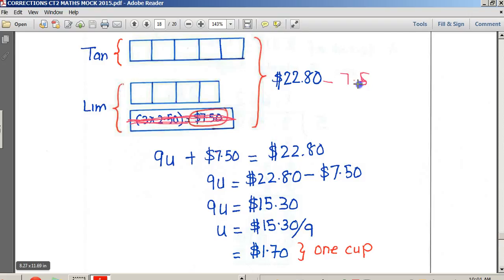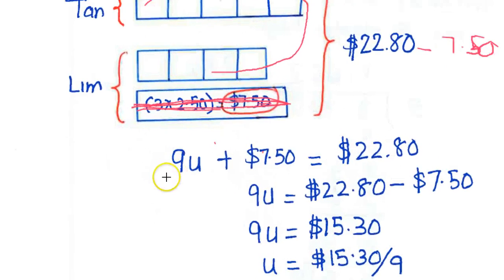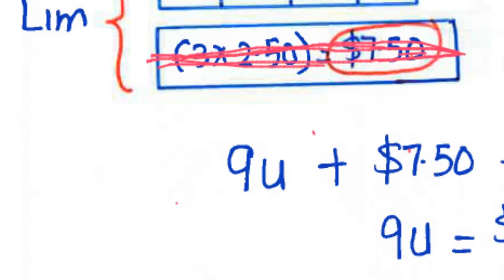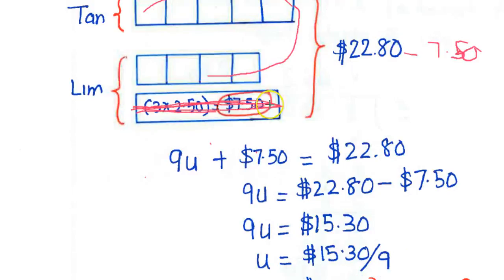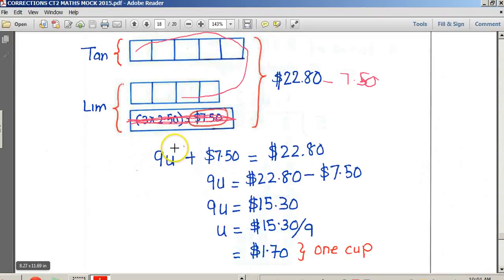So I'll be left with 9U when I take away my 750. On the left hand side, when I take off 750, on the right hand side I must also take off 750, right?